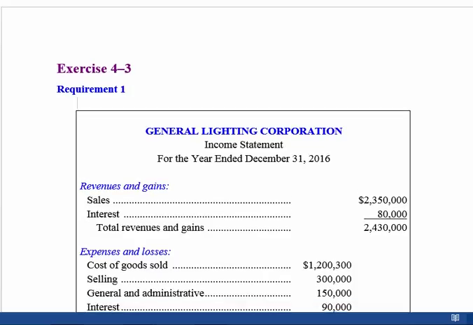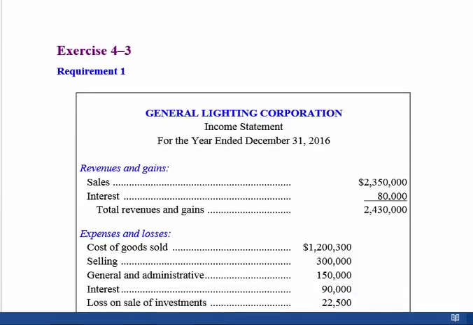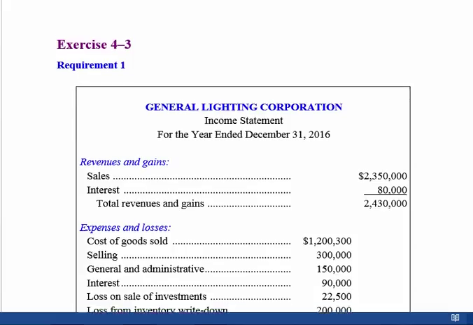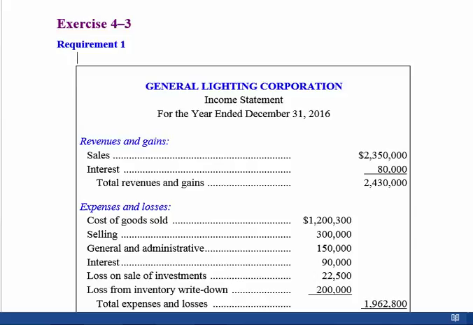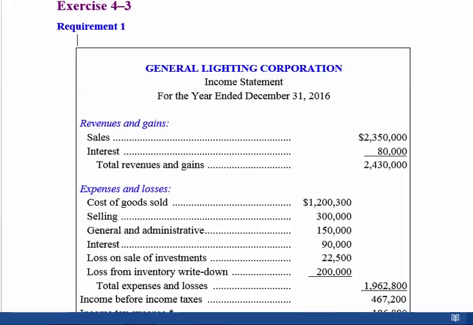Got our interest expense, loss on sale of investments, and then loss from inventory write-down. Okay, we'll total all those up, get total expenses and losses, and then that difference is income before income taxes.